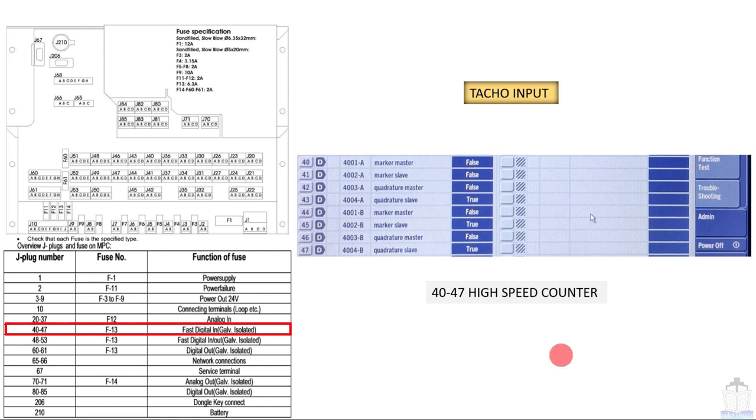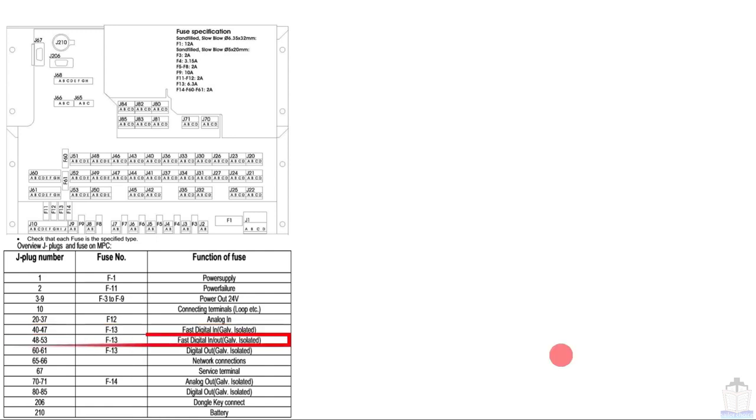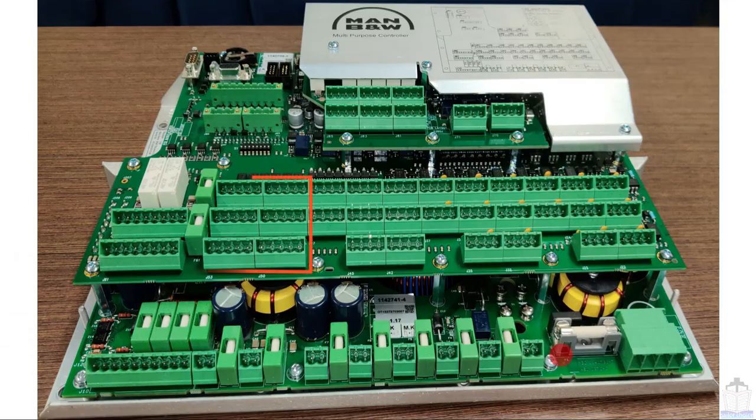Okay, now we are moving to the next topic, that is fast digital in/out, which is related to channel number 48 to 53. These have a 5 pin configuration, and other channels have a 4 pin configuration. Some are having a 2 pin configuration. Only J10 has 10 pins.